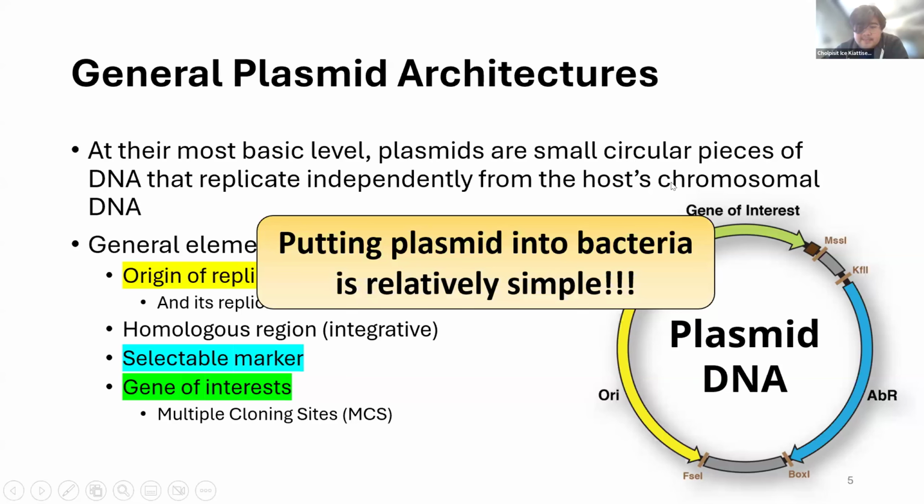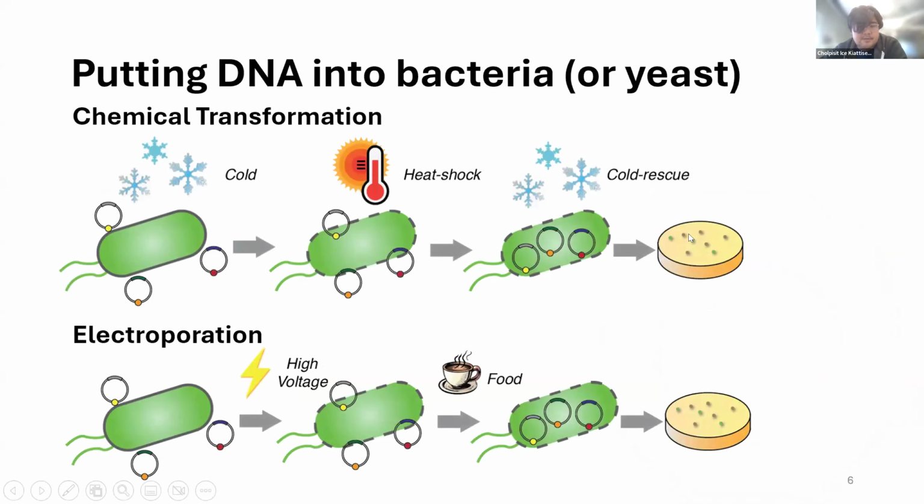The reason that we use plasmid as a DNA to work around these processes is because it's very easy to put plasmid into bacteria. So these are some schematics in which we can show some kind of heat shock or electricity shock so that we can make some pores in the bacterial surface so that these small DNA can get into the cells.